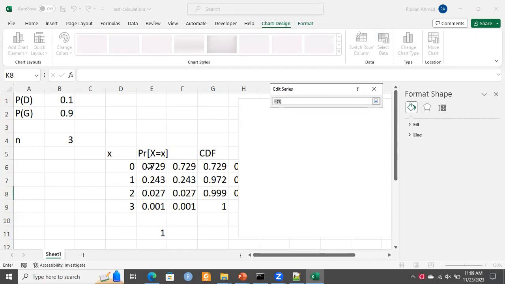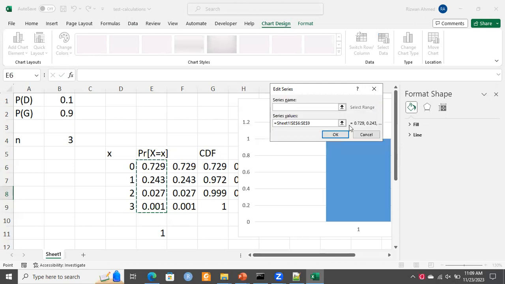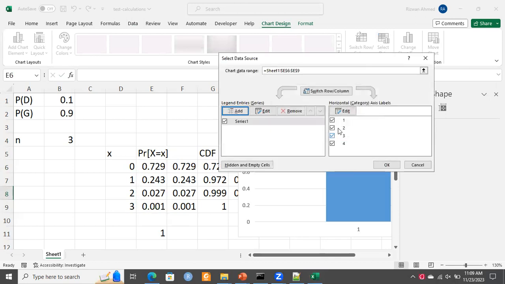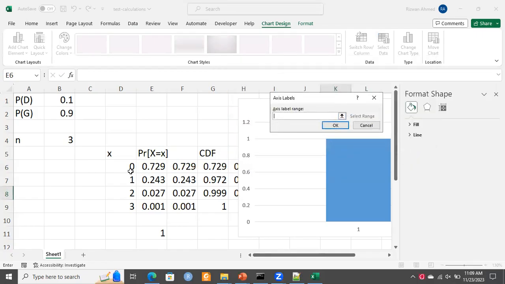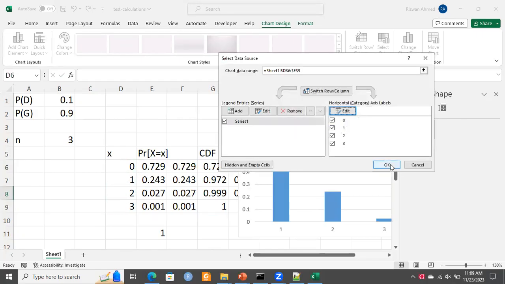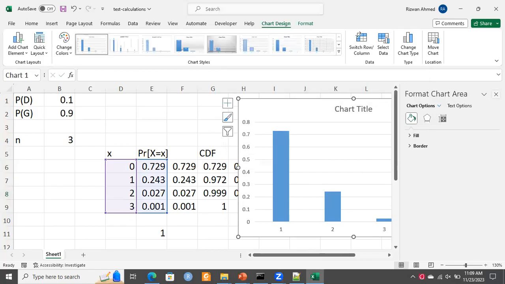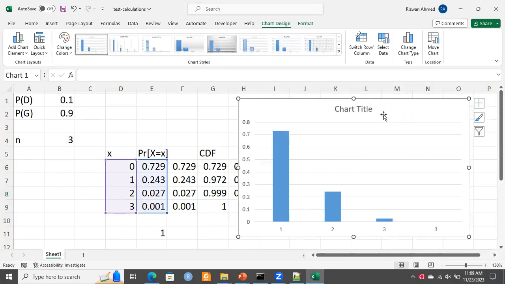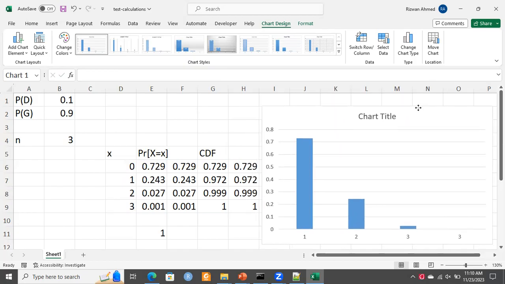Series values are only the y values, the probability of individual events. And at the x-axis, not from 1 to 4, our axis begins with 0. Our events are 0, 1, 2, 3. So that's going to be the distribution shape, right? So you can provide the axis options.